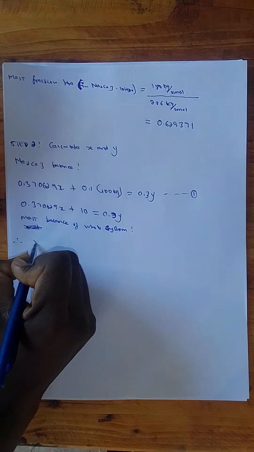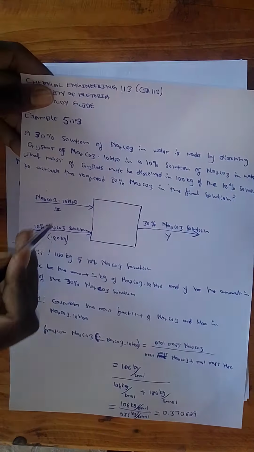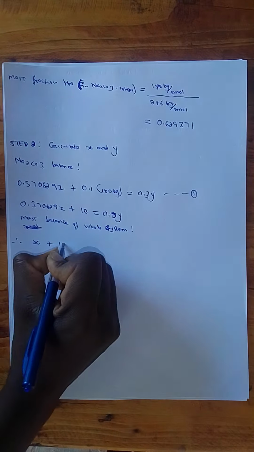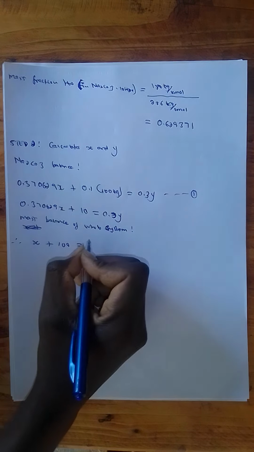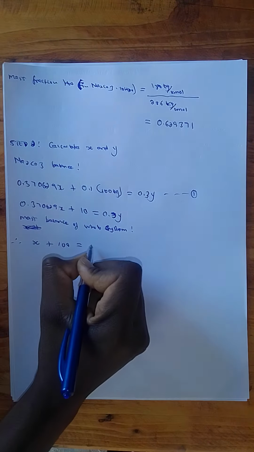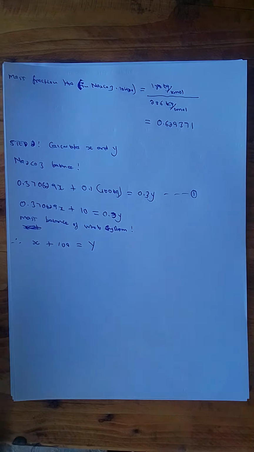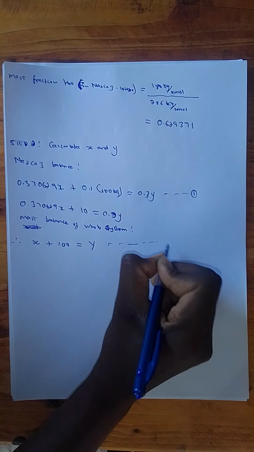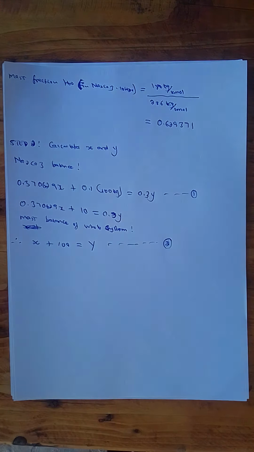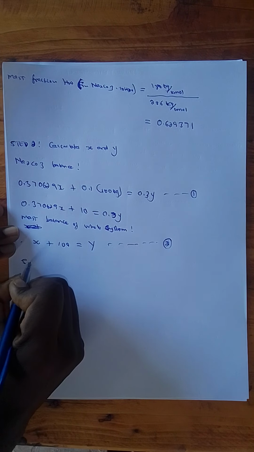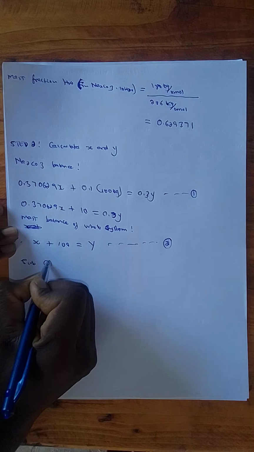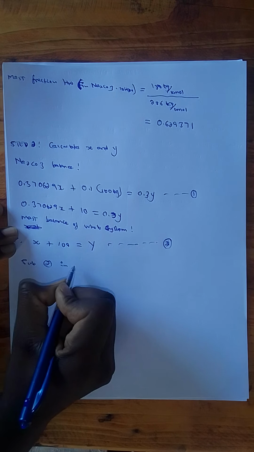So x plus 100 equals y, and that is our equation 2. With that said, we can substitute 2 in 1.